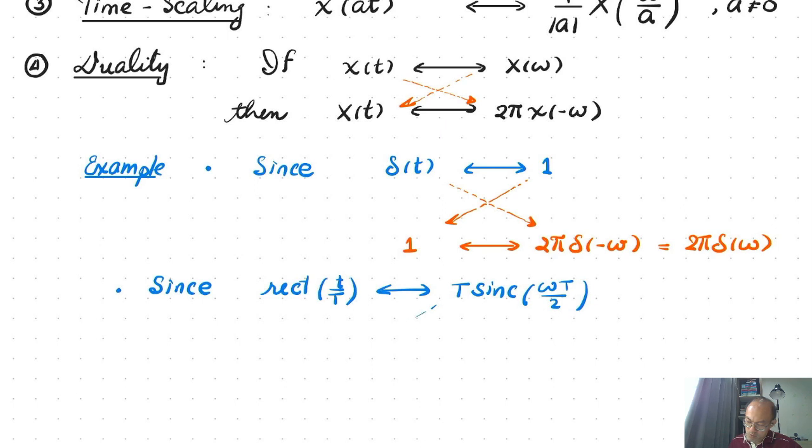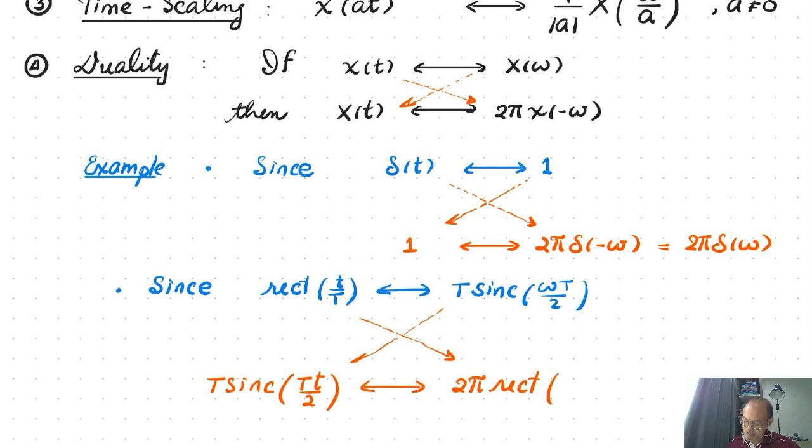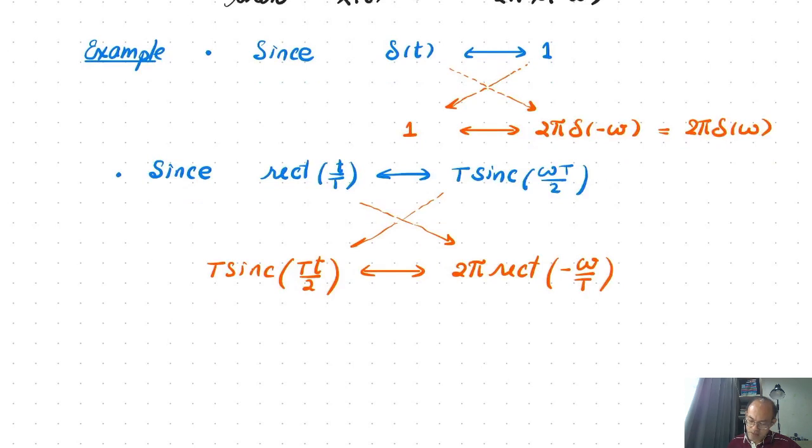Then we can move this over to the left and move this over to the right to get T sinc, and we replace omega with little t to get that big T rect of t over 2 has a Fourier transform of 2 pi, and then we replace the variable t with minus omega here.